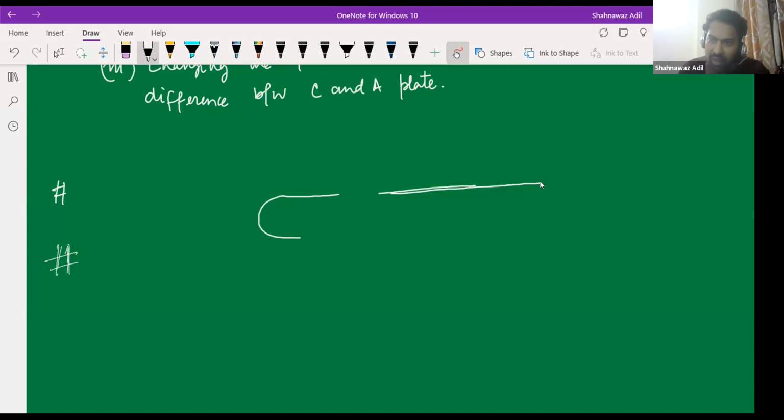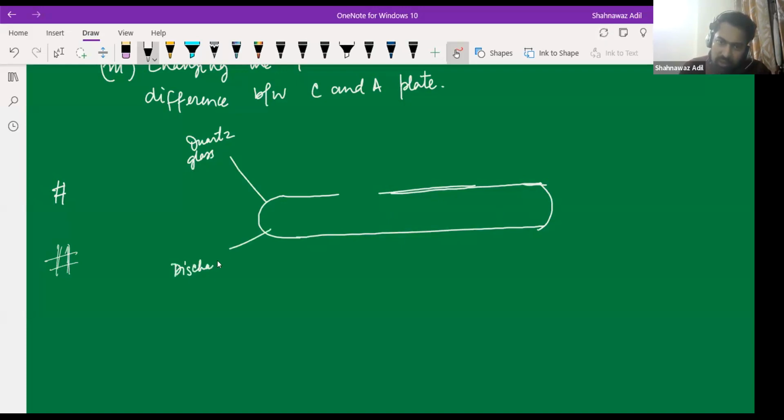So this is a vacuum tube, made up of quartz glass. It is discharged because there are no other charges, right?